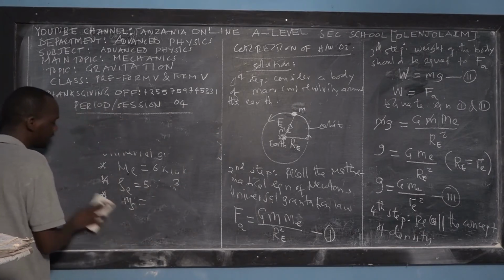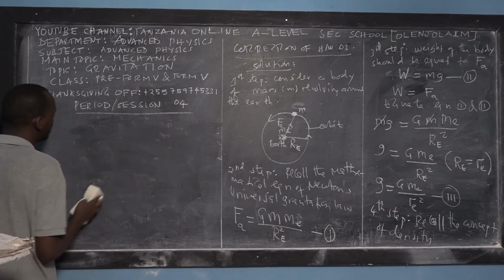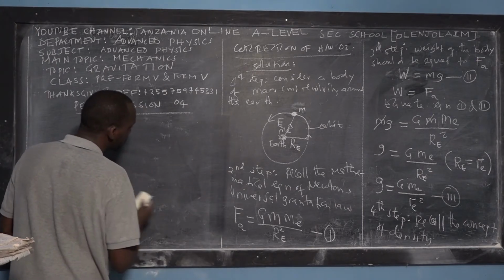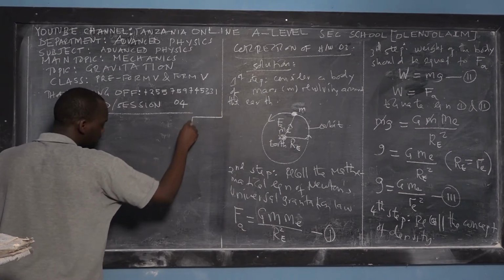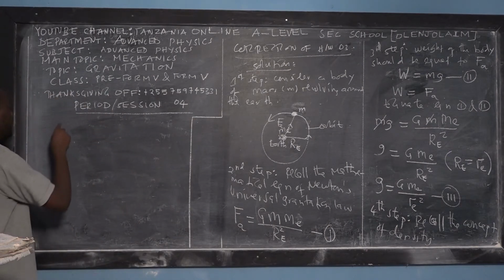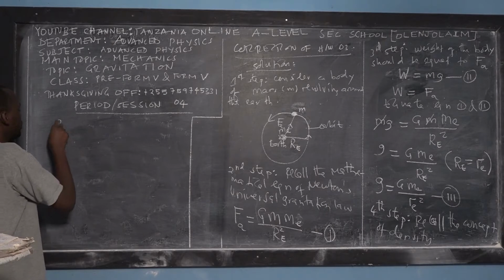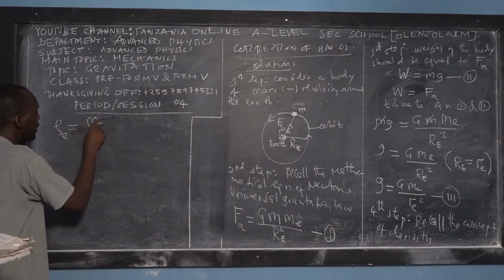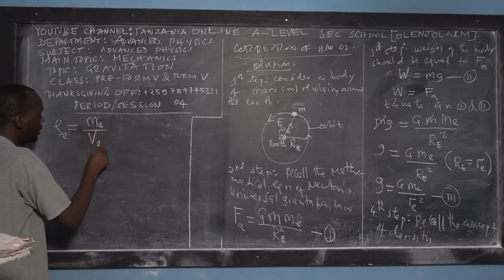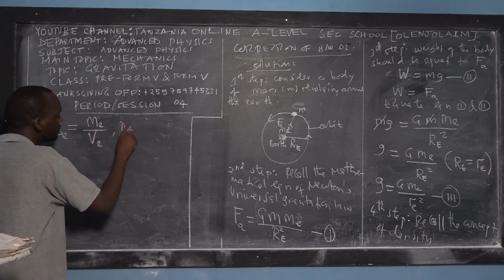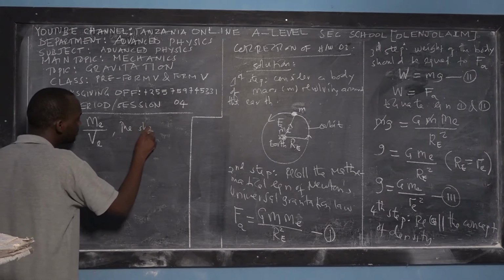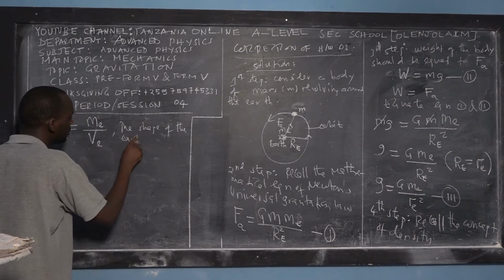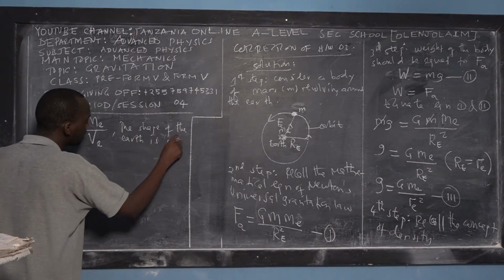So if you are looking for the density of the S, then the density of the S is equal to the mass of the S over the volume of the S. But the shape of the S, right, is a sphere.